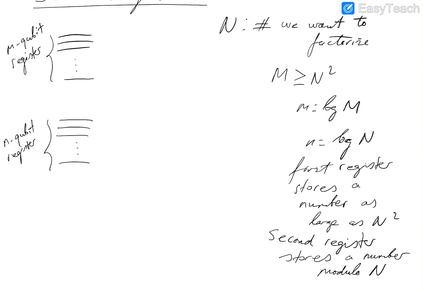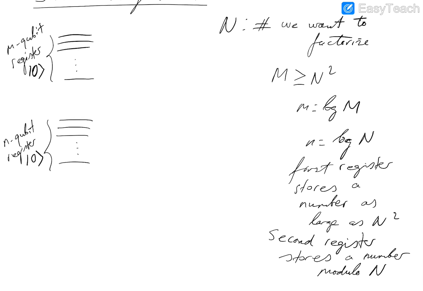Right. So Shor's algorithm begins by initializing both registers to all zeros. Both registers are initialized to all zeros.